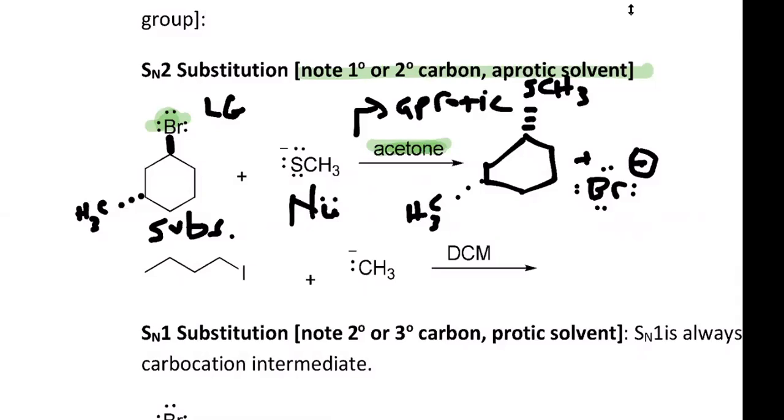That aprotic solvent is an indicator that the reaction is going to be SN2. If it's in a protic solvent, then 9 times out of 10, the mechanism is going to be SN1. It'll still be a substitution, but it'll go through a different mechanism.